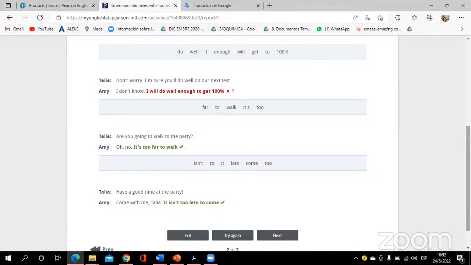But for example, do doesn't work just as an auxiliary. Do can work as an auxiliary and also as a verb. So if I have those two functions for do, I will take do as a verb. And will doesn't have another meaning or a function of a verb. So that is going to be my main auxiliary.